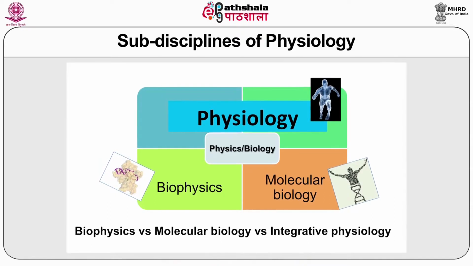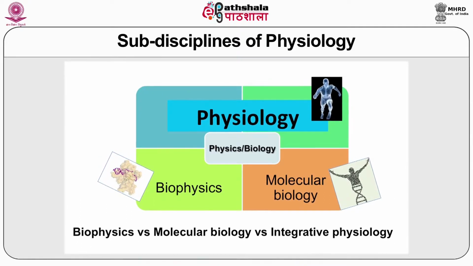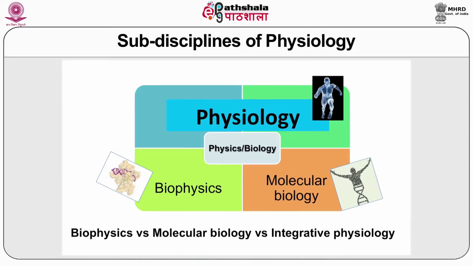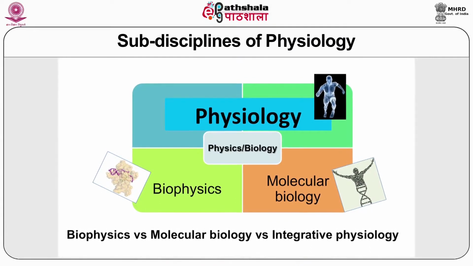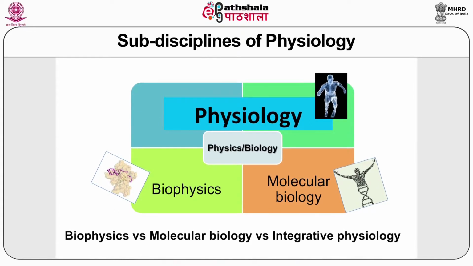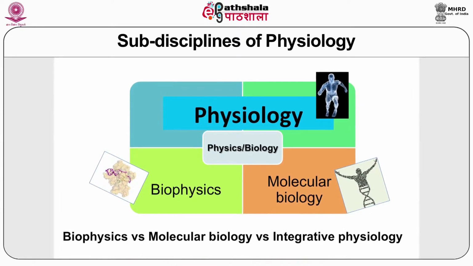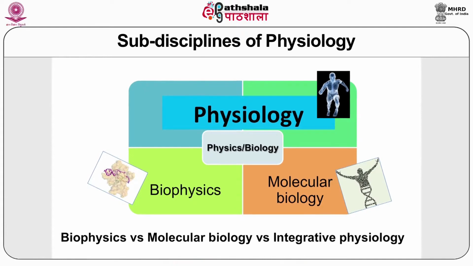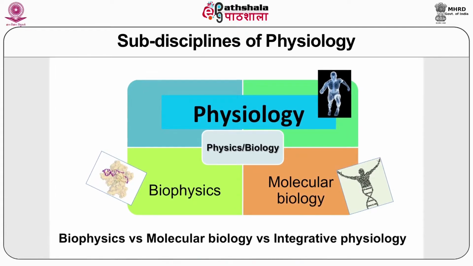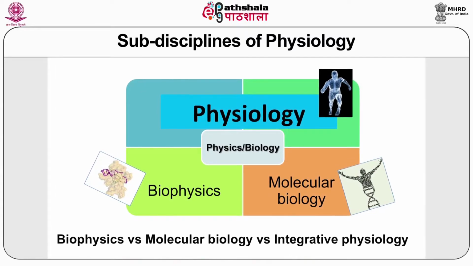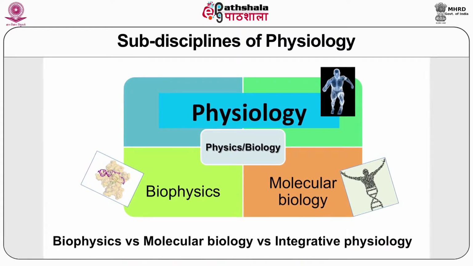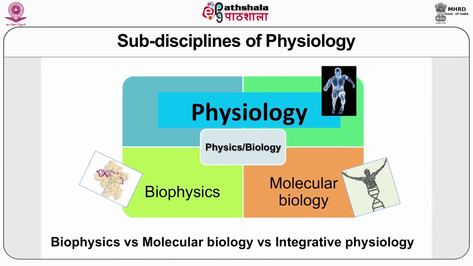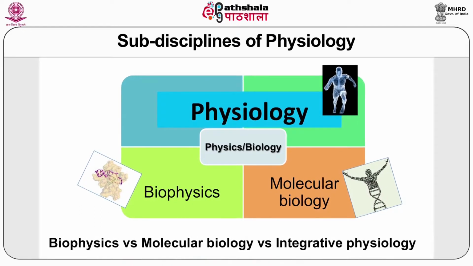Its related science is molecular biology, where you explain the behavior of a molecule and see the interaction between molecules in order to achieve some functional role. The combination of biophysics and molecular biology forms the fundamental basis of the beginning of physiology. Therefore, the fundamentals of physiology lie in biophysics and molecular biology.